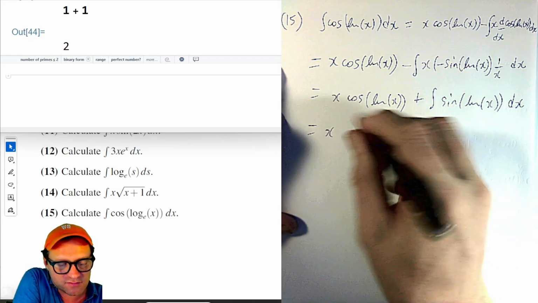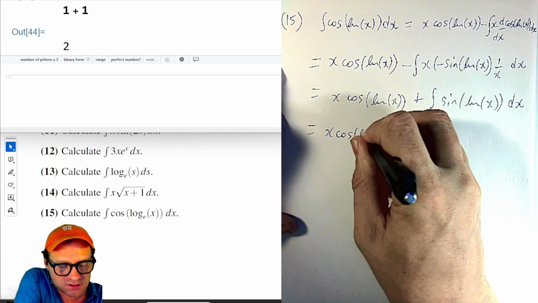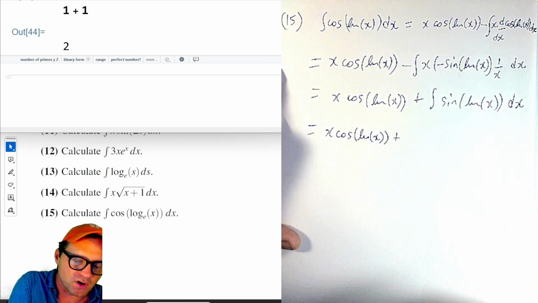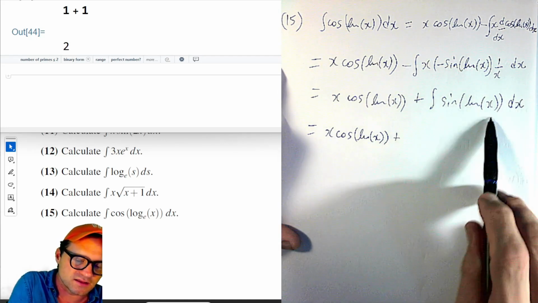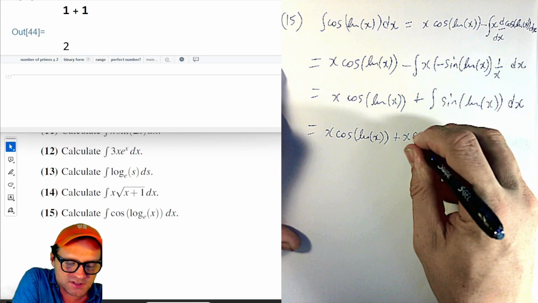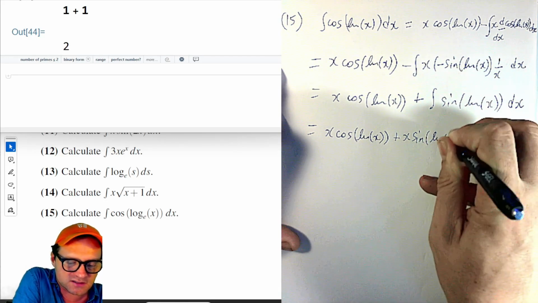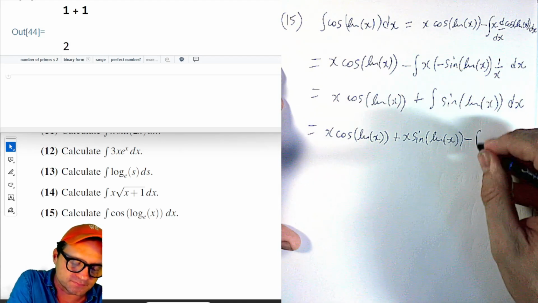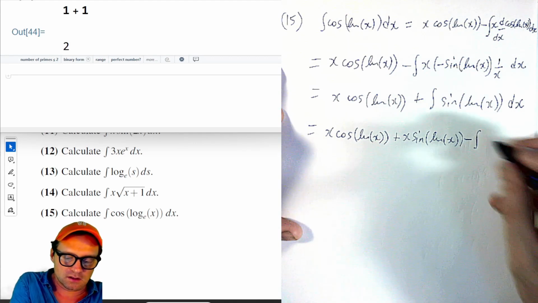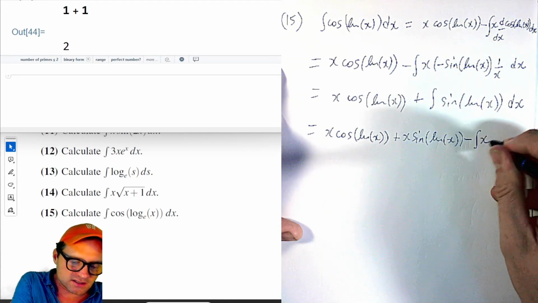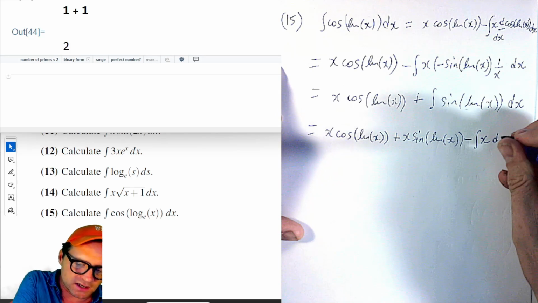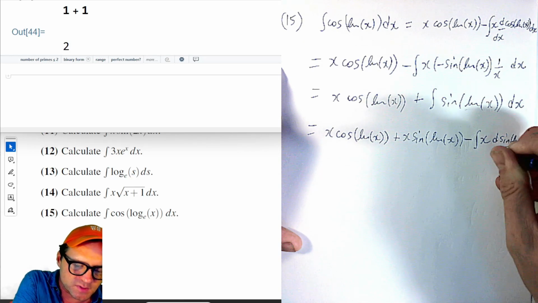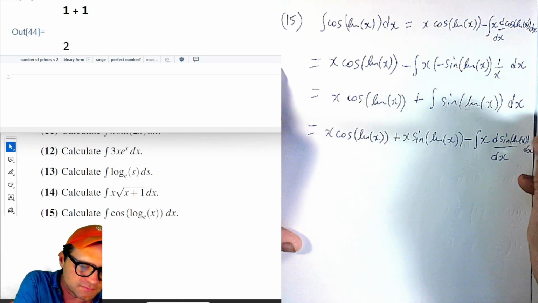Okay, so then we have rewriting this, cos natural log of x. And then we have plus the product of this and this, x sine of natural log of x. And then we subtract the other way around. So x times the derivative of sine of natural log of x with respect to x, and then put dx here.